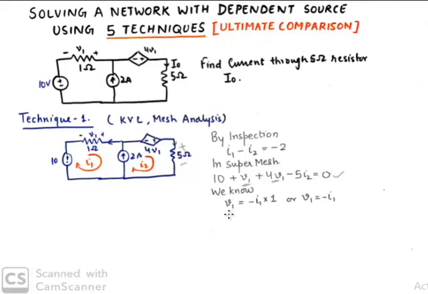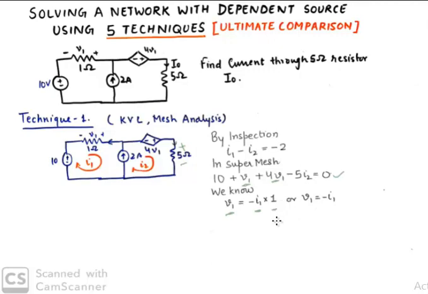So I can say that by inspection this voltage drop V1 is equivalent to minus of I1 into 1, which is the resistance, of course, because voltage is current into resistance. But this current is minus I1 because we need to calculate the voltage with a positive sign on this side and a negative sign on this side. That can only happen if we take I1 to be negative.